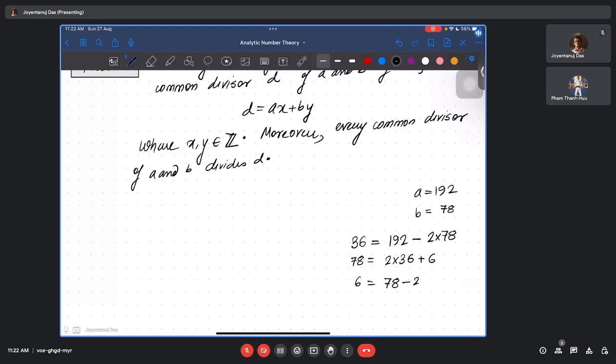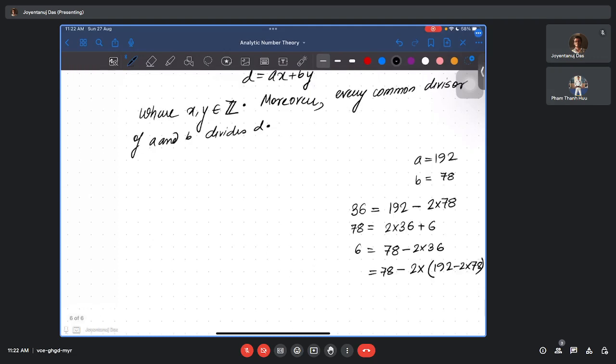I am just creating the example. Here it is 5 times 78 minus 2 times 192, and that is 6.